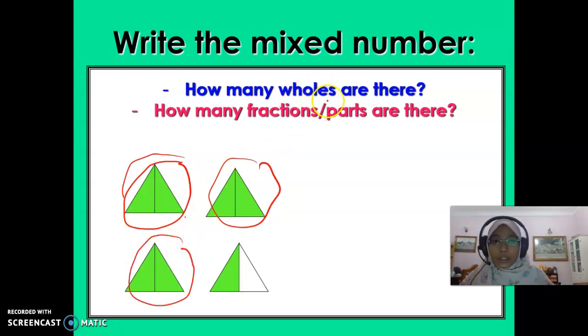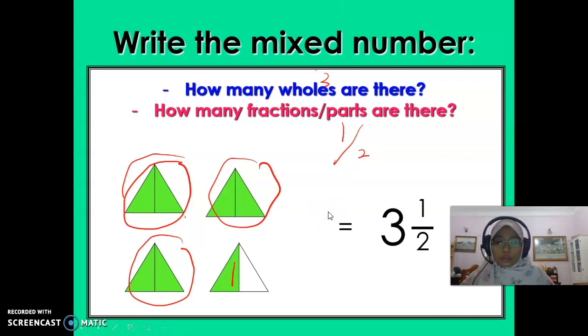So there are 3 wholes. How many fraction parts are there? 1 over 2. So the answer is 3, 1 over 2. It's easy for you to remember, when all of the fraction in the shape is colored, it means that it's a whole. Okay?